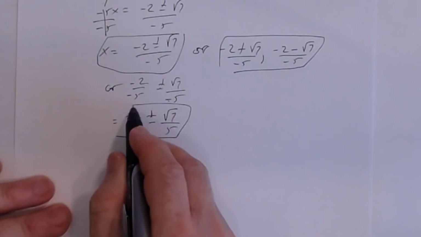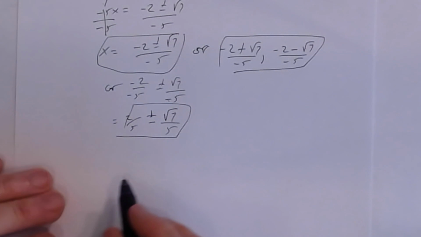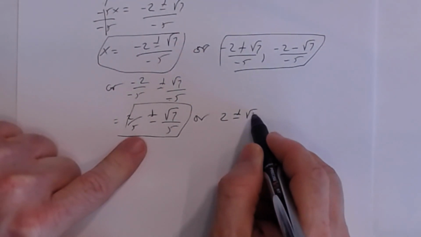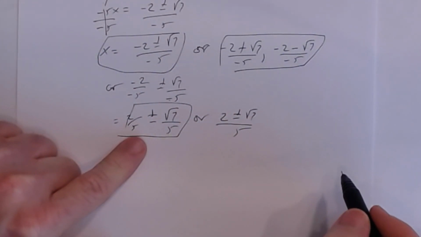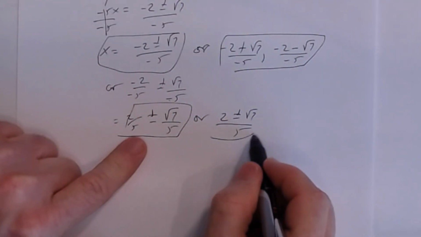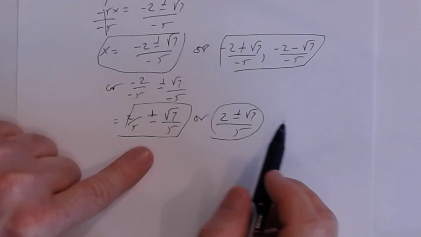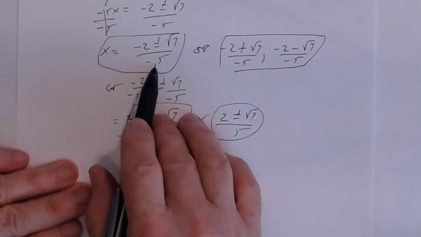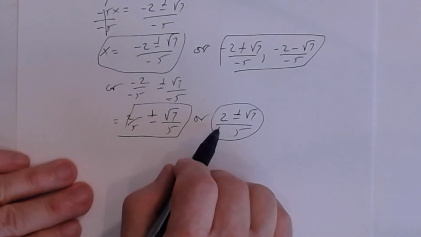So there's another way you can write the answer. You could put this in compact form and say 2 plus or minus square root of 7 divided by 5. And so here's another way of writing the answer. So when most of you would have said negative 5 here, on a multiple choice item, it would have probably been a positive 5.